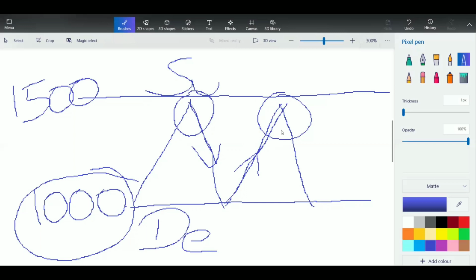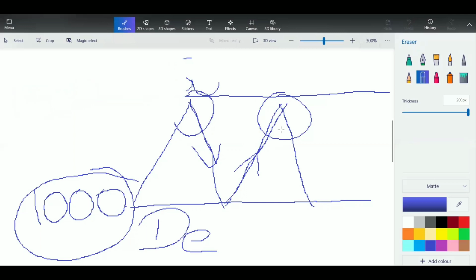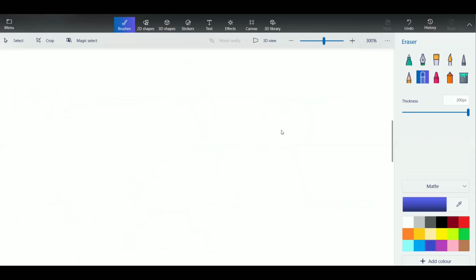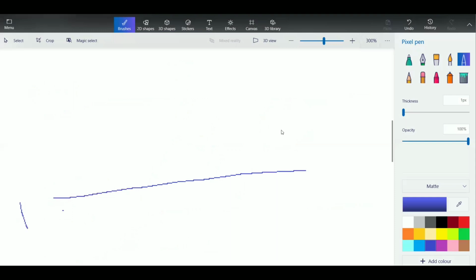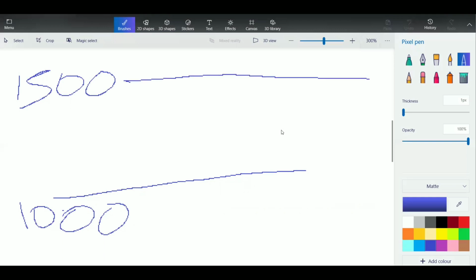Simple economics. Now, what is the problem with demand and supply zone when you don't understand how to trade based on it? As I said, there is a level at 1,000 and a level at 1,500. The stock goes here, comes back, goes here, comes back.